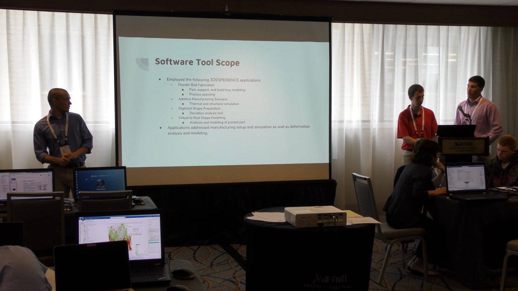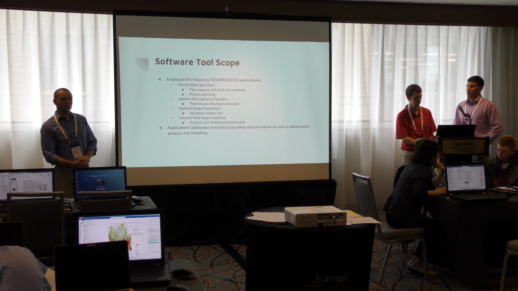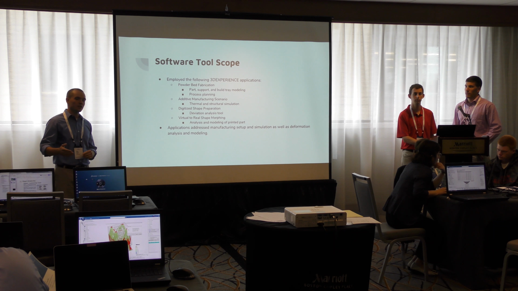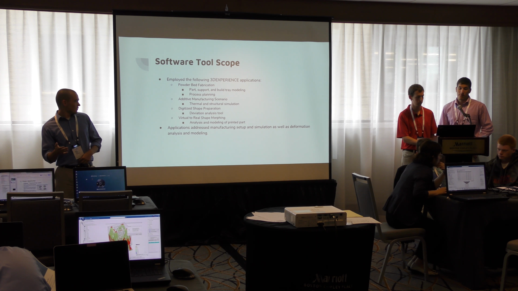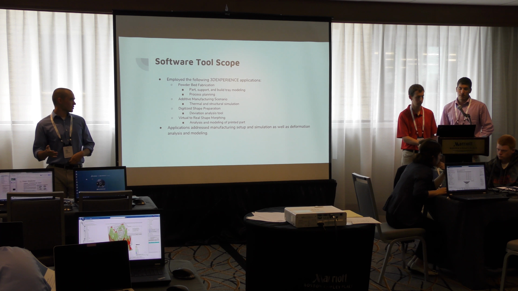Digitized shape preparation gave us the deviation analysis tool, which was useful after we printed, so we could check our simulated print model and compare it directly to the model we were given at the beginning to figure out how much distortion was evident through the print. Virtual to real shape morphing allowed us further analysis of the modeling of the printed part.